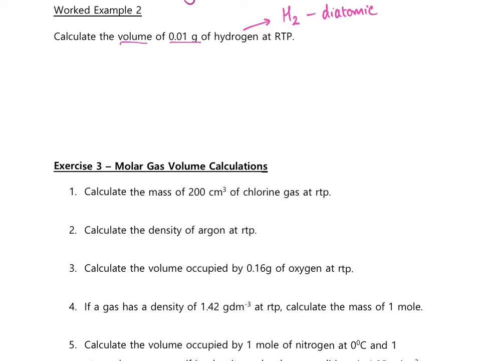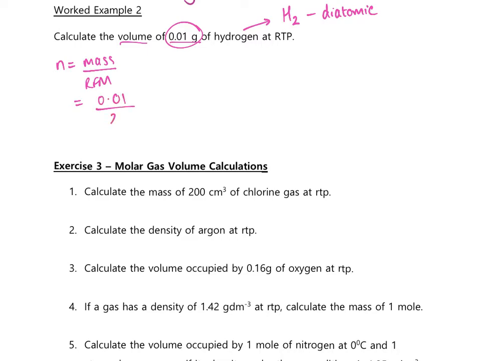So we're asked to calculate the volume, and we're given the mass. So the first thing we need to convert to is moles. Your first step will always be number of moles, but the equation will depend on the information that you've been given. You've been given mass, so I can use the equation N equals mass over RFM. The mass is 0.01.